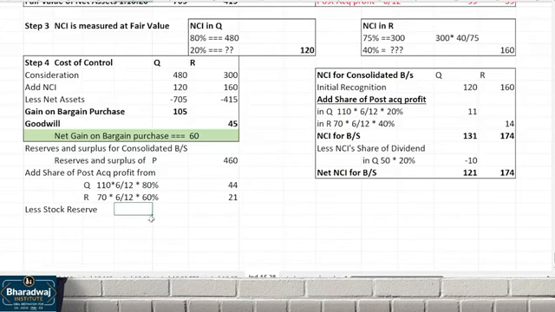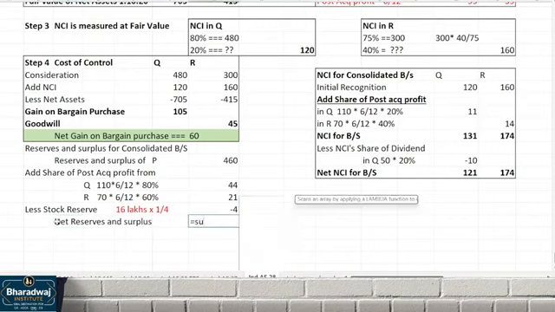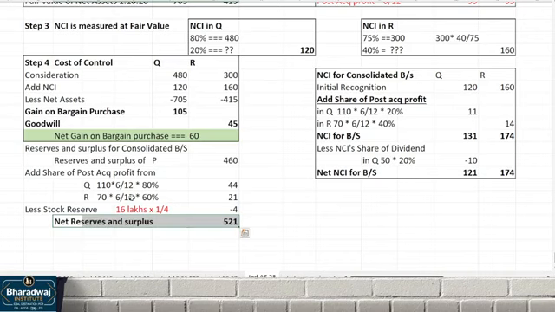So it is a chain holding, we have to eliminate the total stock reserve from here. 16 lakhs into 1/3 on cost, it will be 1/4 on sales. 16 lakhs into 1 by 4 is 4 lakhs. So net reserves and surplus will come. This is for the reserves and surplus.